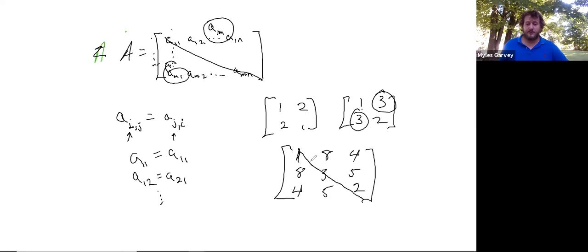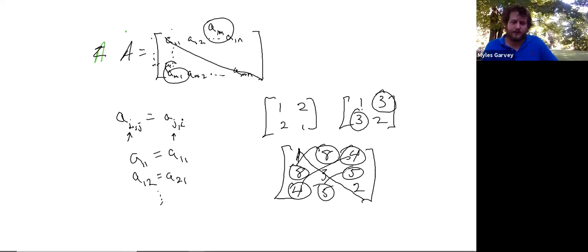But notice, A21 is the same as A12. A31 is the same as A13. A32 is the same as A23. So notice that we have symmetry here against the diagonal.